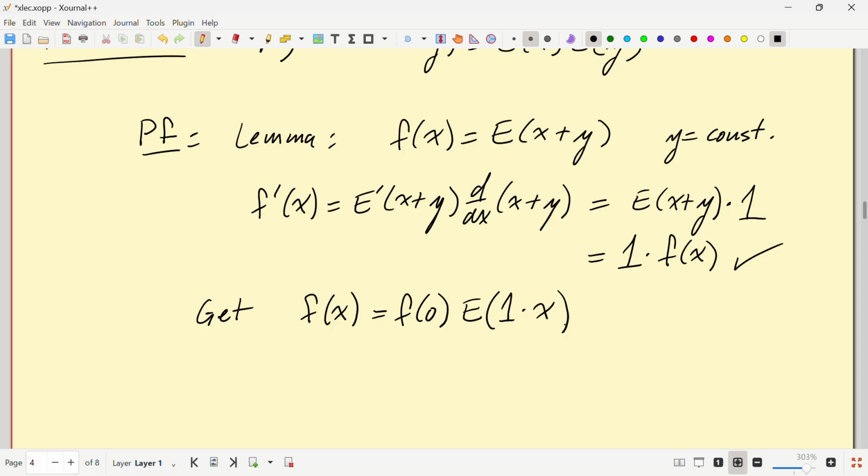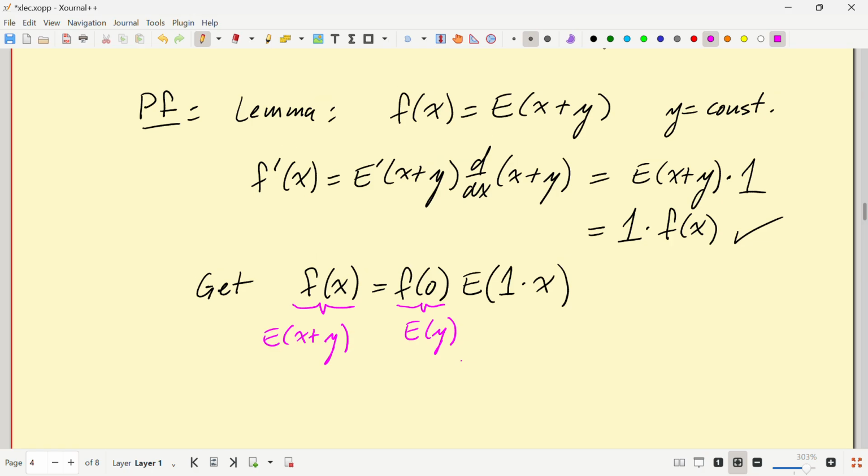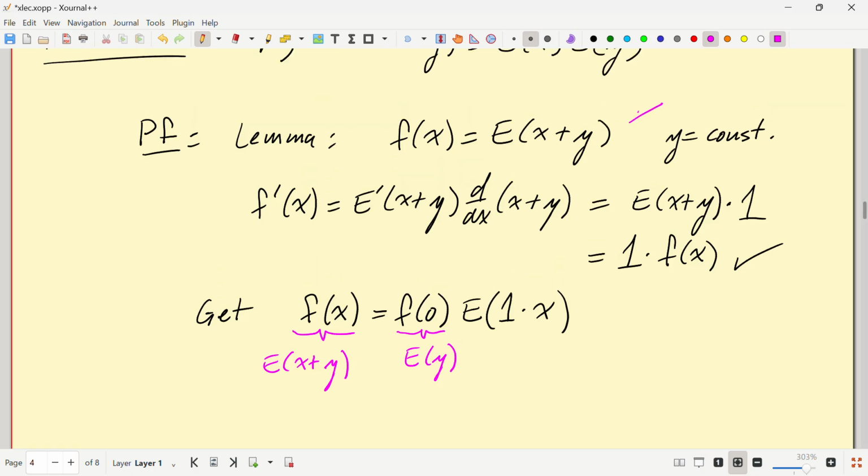And then when you think what that means, my f of x is e of x plus y. My f of 0, when I plug in x equals 0, is e of y. And when I put all those things in there, you see it right here, f of 0 is equal to e of y.